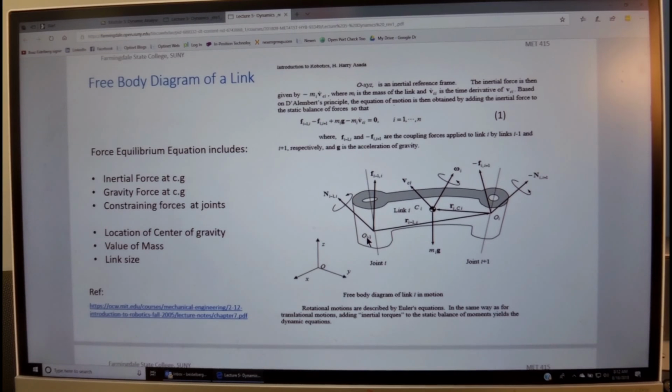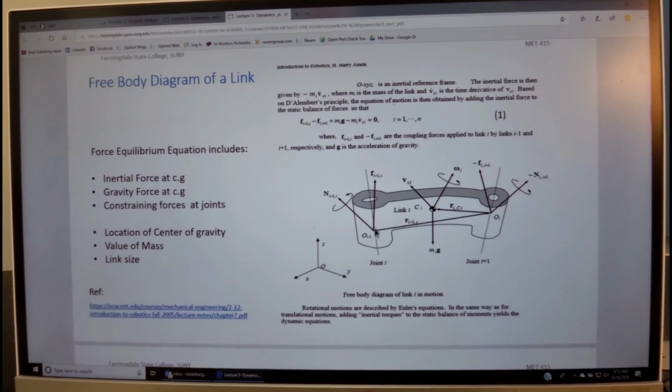It's why we call it O I minus 1, and this is the link I, and we have another body fixed to this link, which is OI. So this is the center of the body fixed coordinate to this link, and this center of the body fixed coordinate to the previous link.